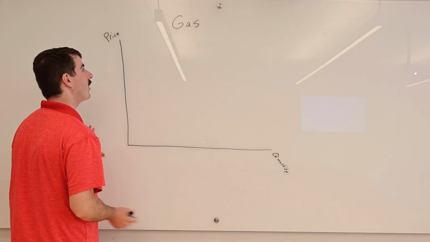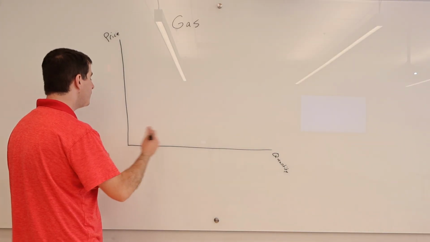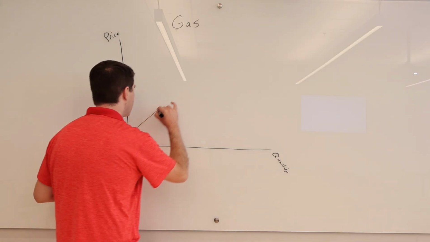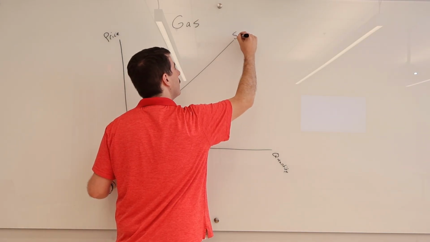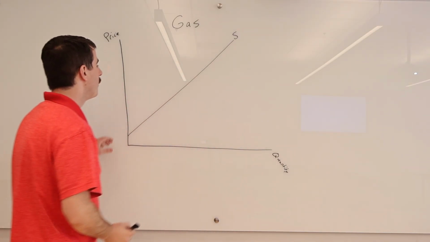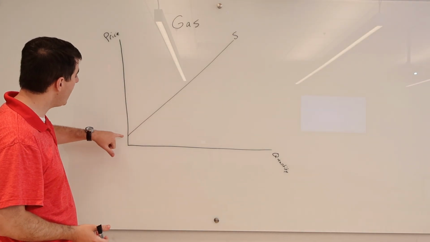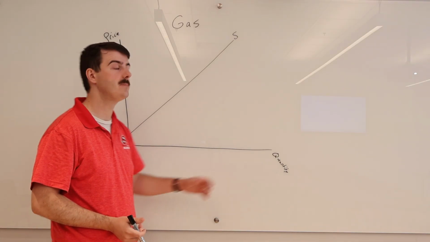Now we need our representation of the sellers and of the buyers. The sellers we represent with an upward sloping supply curve. Why is it upward sloping? Of course, that's our law of supply. As price increases, sellers want to sell more.